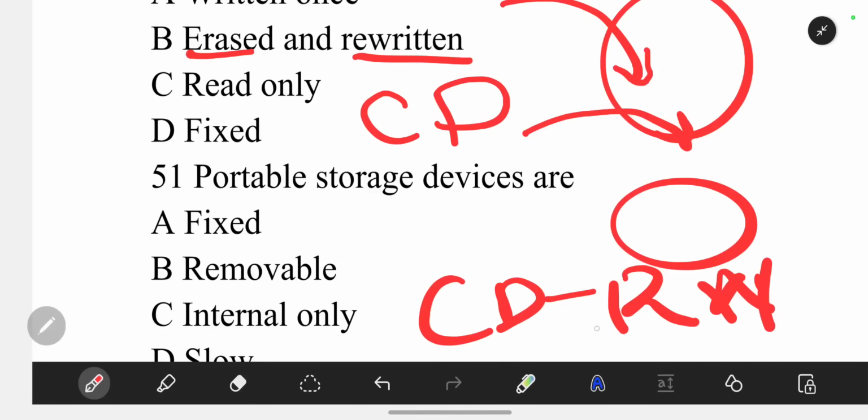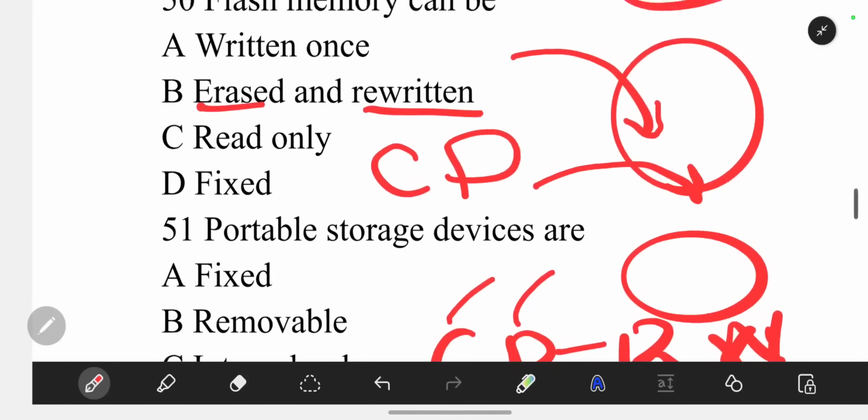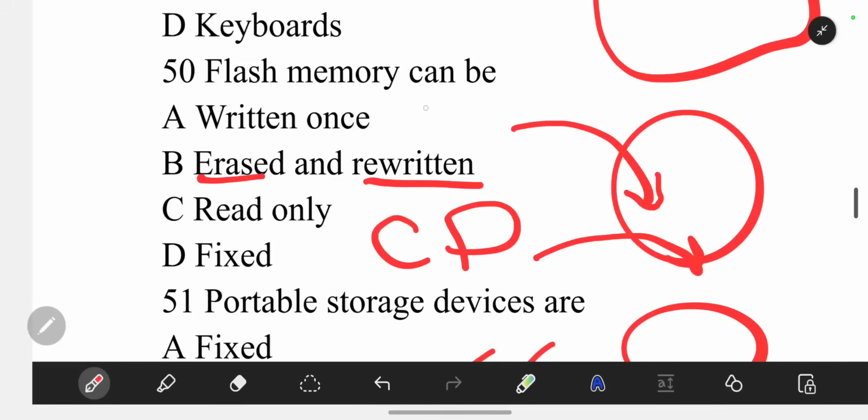So CD-RW, compact disc rewritable, you can rewrite, meaning to say you can add movies. There are those discs. So flash memory, we know you can erase and rewrite, meaning you can use it many times and add certain things.